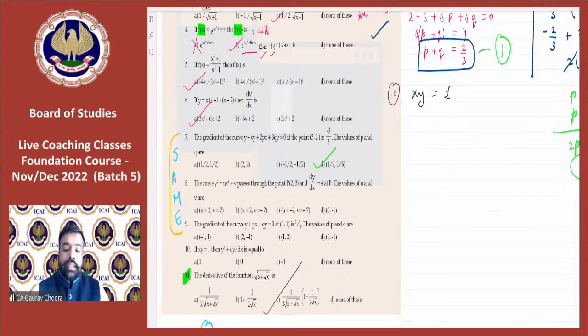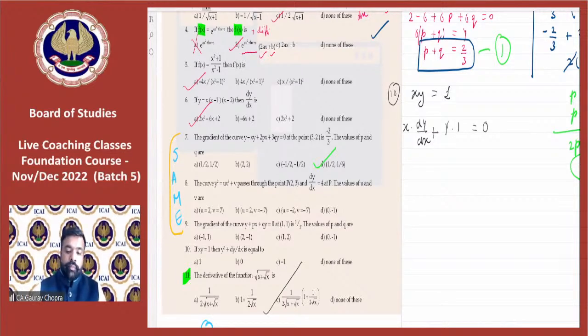First of all, dy by dx is there, so we can differentiate them using the product rule. x remains as it is, y becomes dy by dx, plus y remains as it is, derivative of x is 1, is equal to... now derivative of 1, because it is constant, will be 0.